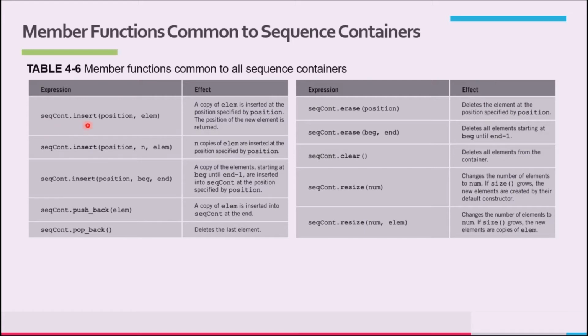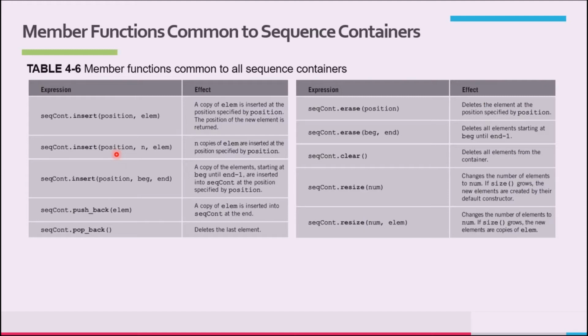You could perform insert(position, elem). The effect is that a copy of elem is inserted at the position specified by position. The position of the new element is returned. Also, say you've got seq_cont.insert(position, n, elem). So n copies of elem are inserted at the position specified by position.